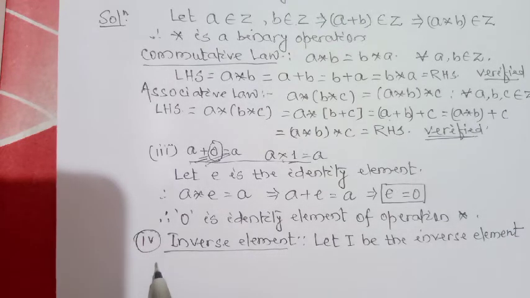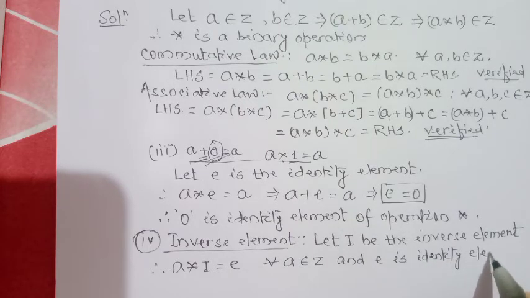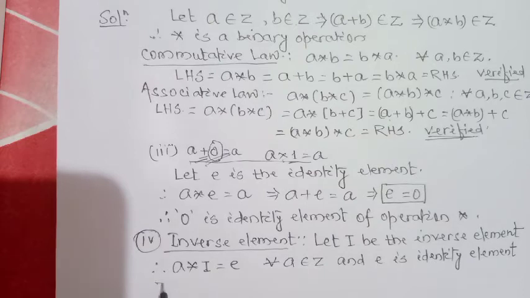According to the meaning of inverse, A star I is equal to E, where E is the identity element, for all A belongs to Z. We have just obtained the value of E. So apply the given condition.